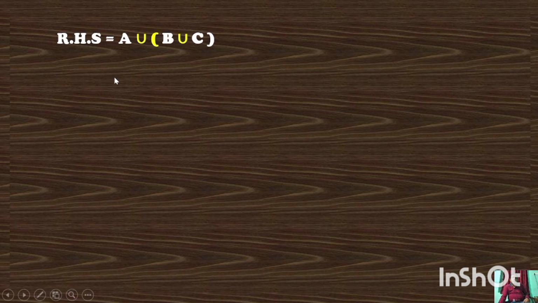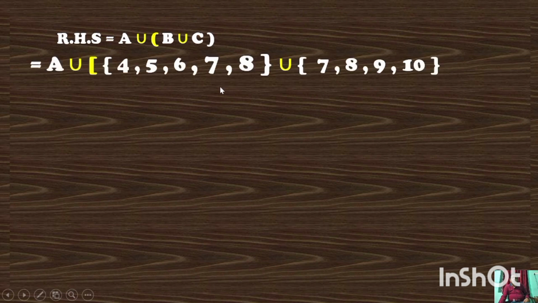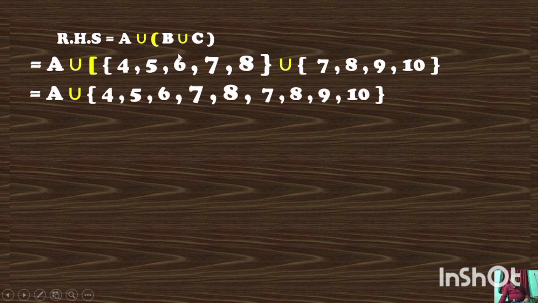Let's see the RHS, A union (B union C). First of all you have to find the union set of B and C, because B and C are under the bracket, so you have to do the bracket work first as per the rule.